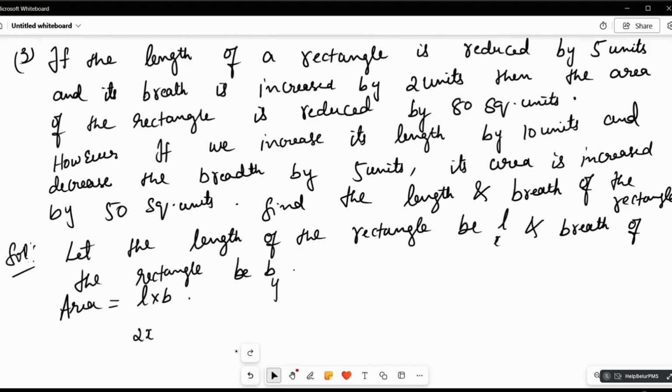That means it is not becoming number of times. It is increased by 5. First one, it is reduced by 5 units. So L minus 5. Ma'am, breadth is increased by 2. Yeah, so isn't it 2x minus 5y is equal to minus 70? No.